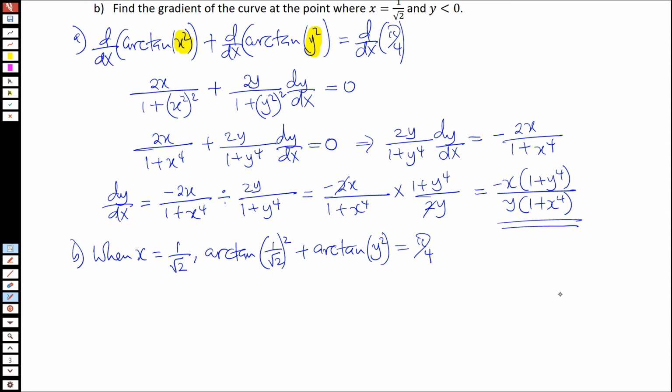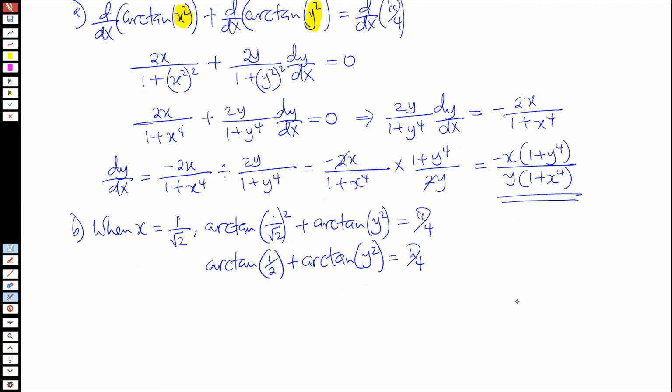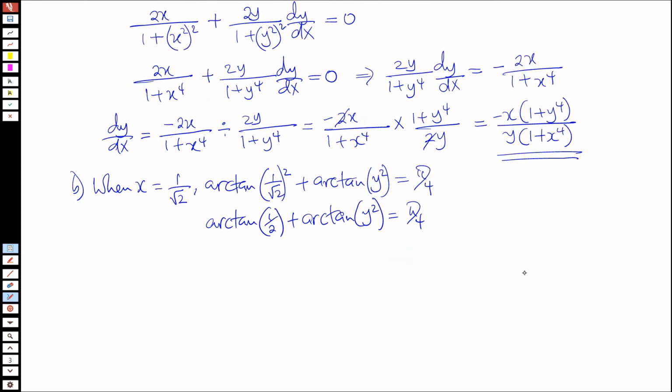So that implies that arctan a half plus arctan y squared will be equal to pi over 4. So, well, here we can clearly see that arctan y squared will be equal to pi over 4 minus arctan a half.